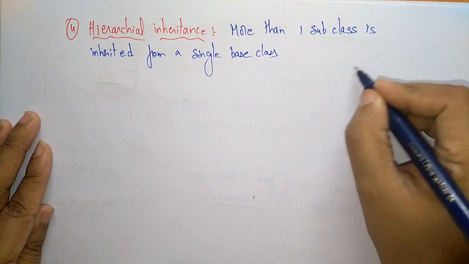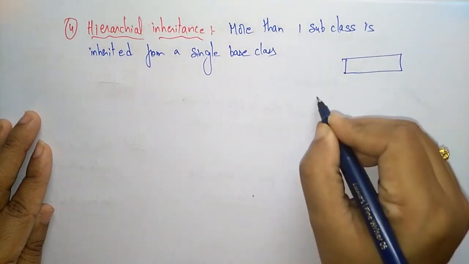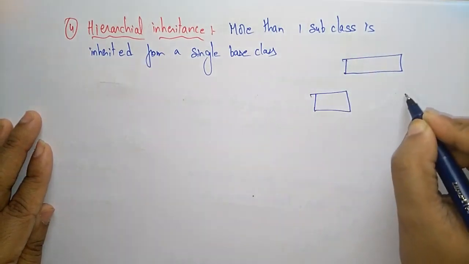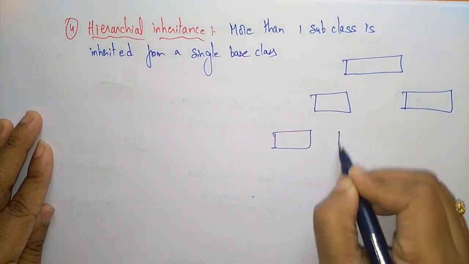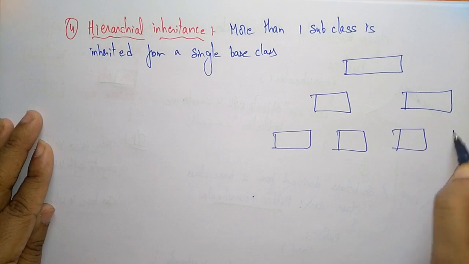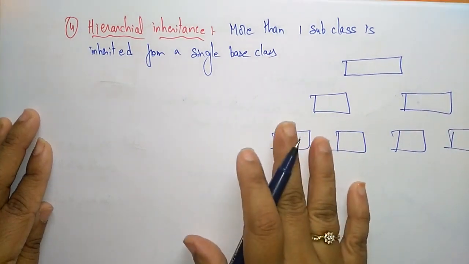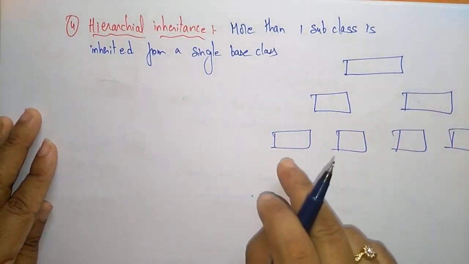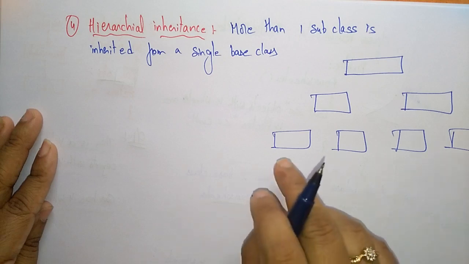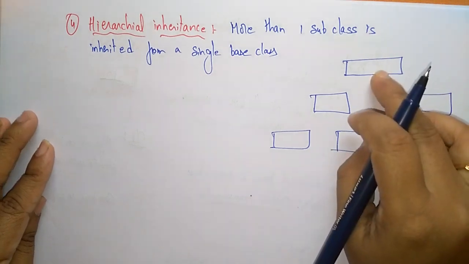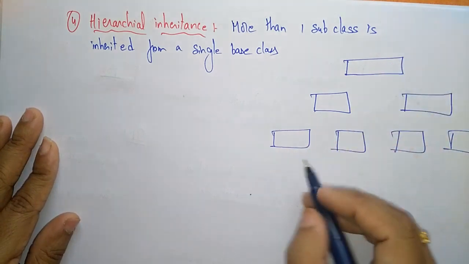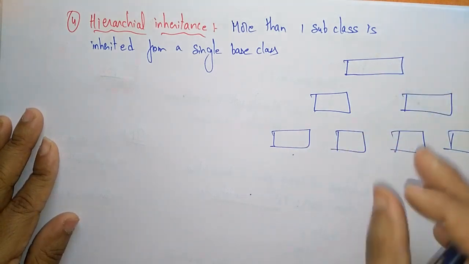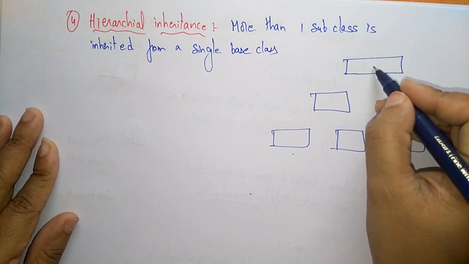So let us see this. This is one class, and this class will acquire the properties of one base class. So this is hierarchical. More than one subclass is inherited from only a single base class.